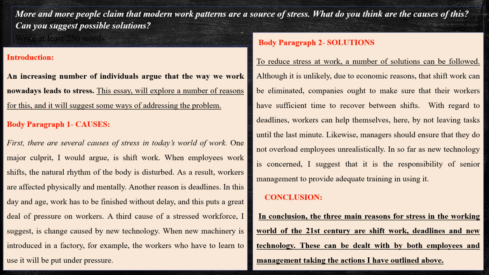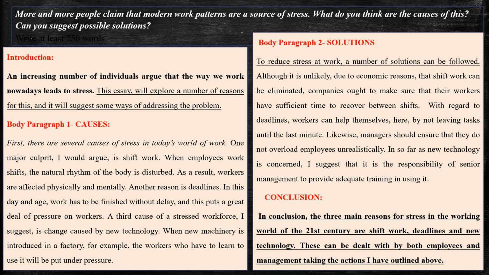Now, first paragraph, body paragraph 1, you write the causes. First, you will say the main cause of, or there are several causes of stress. One major cause is shift work. Now explain. Then say what will happen as a result. Another reason is deadlines. Explain. A third cause of stress in the workforce is new technology. Explain.